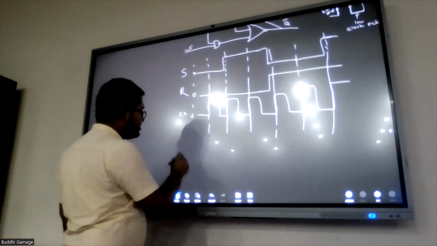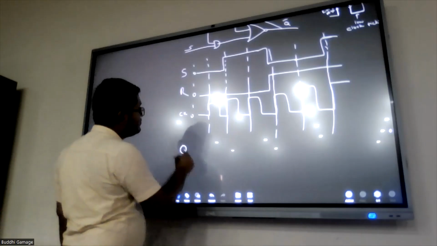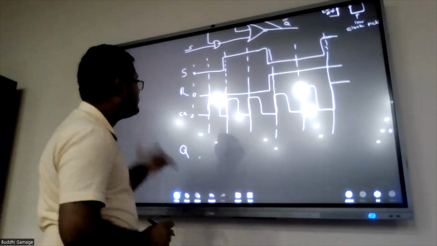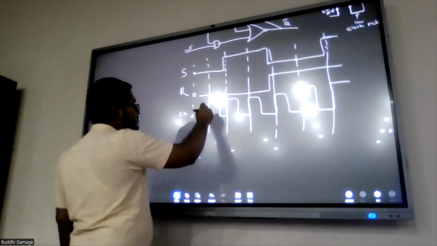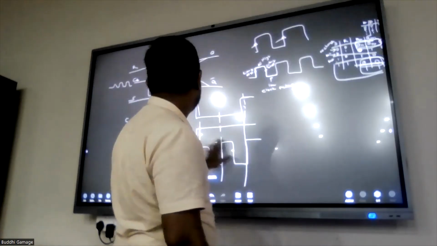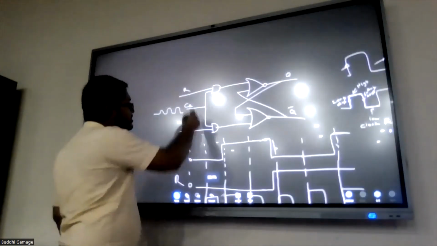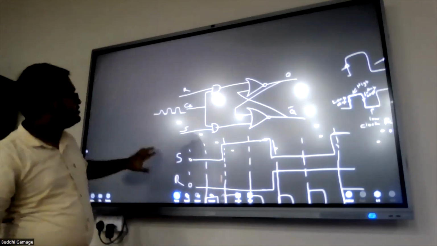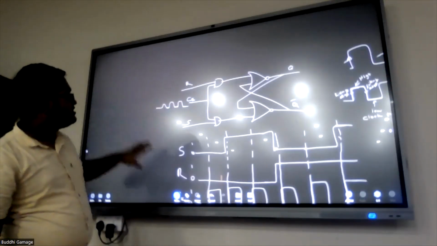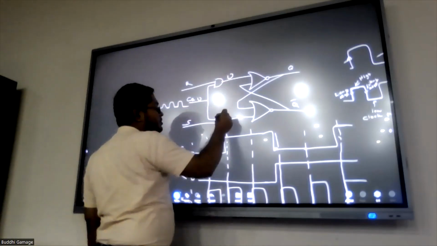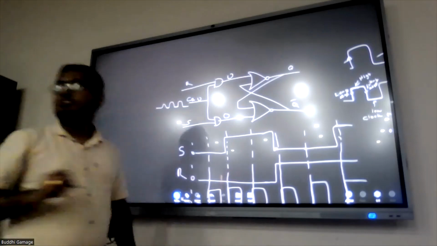So what you need to decide is the Q. You need to consider this one. If this clock is 0, in this lower state the clock is 0, in that case the output of this one will always be 0, right?